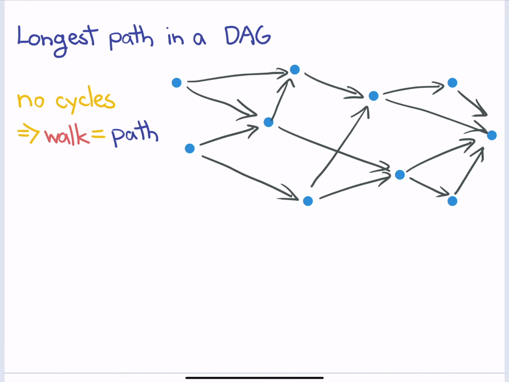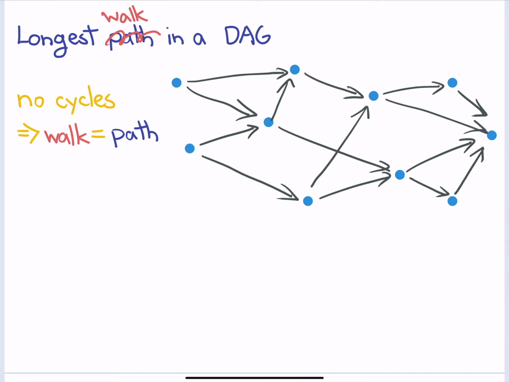So we could have also written this question as longest walk in a DAG, and it would be the same because all walks are paths when there are no cycles. But this is nice because with paths, you're a little bit worried about repeating vertices and the history of who you've already visited as you navigate.